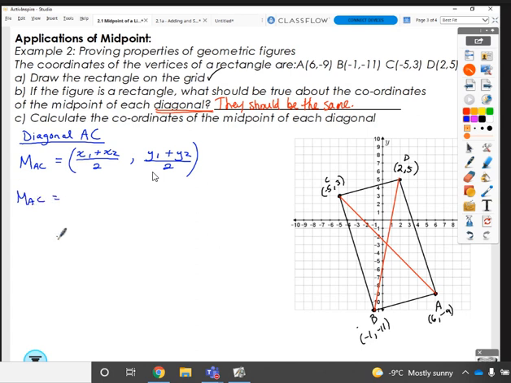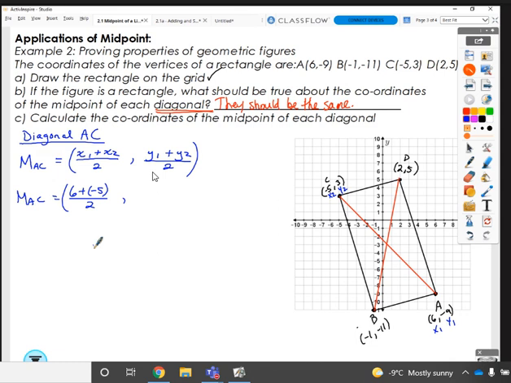Okay, A and C. I'm going to go to my diagram and say, okay, x1, y1, x2, y2, just so I know. So x1 is 6 plus -5 divided by 2.